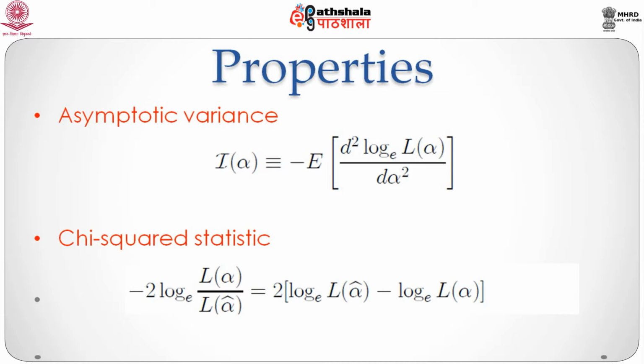We have assumed here that alpha is a single scalar parameter. These properties can easily be generalized to the case where we have a vector valued parameter.